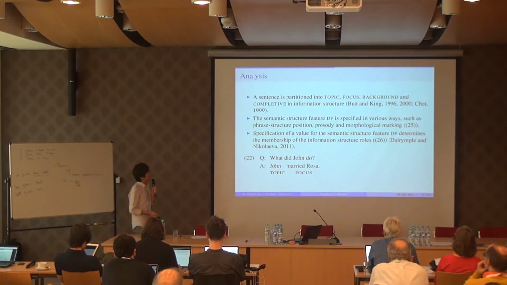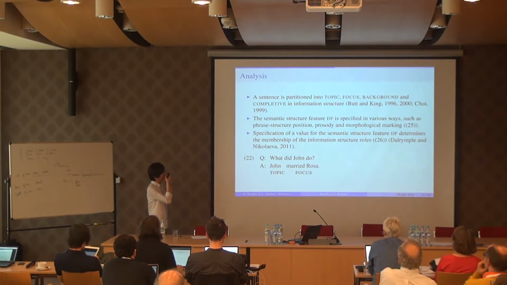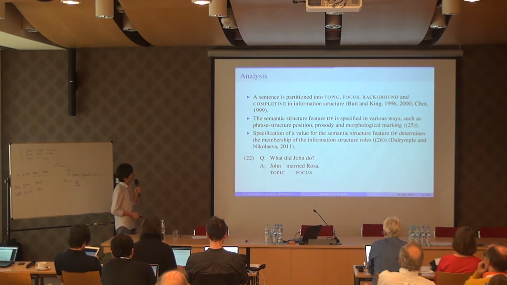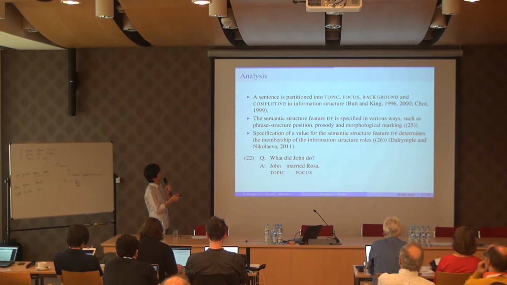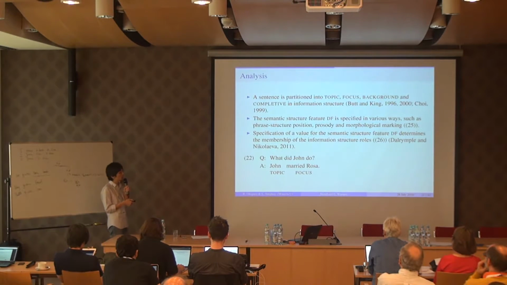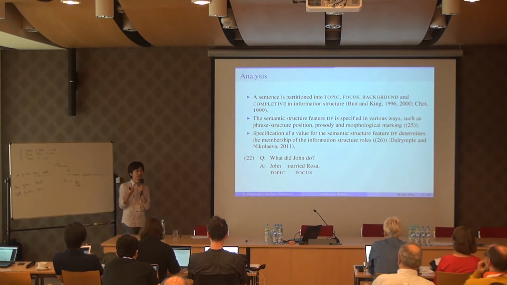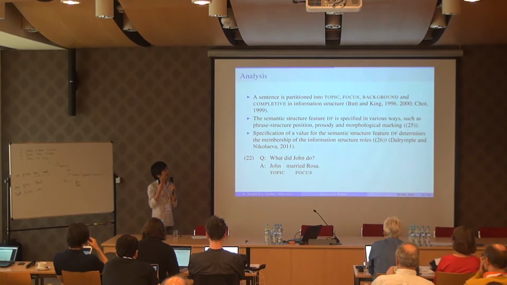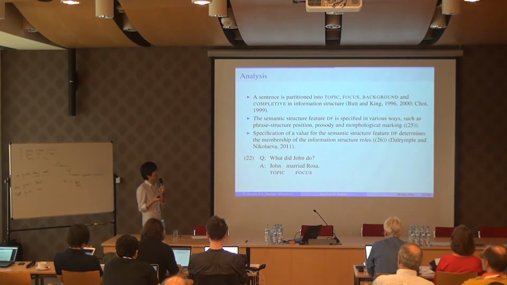Right. So we're going to present an LFG analysis for this phenomenon. We adopt the kind of information structure often assumed in the LFG literature. So we assume four different information structure roles: topic, focus, background, and completive information. And each lexical item has an unspecified DF value in its entry.